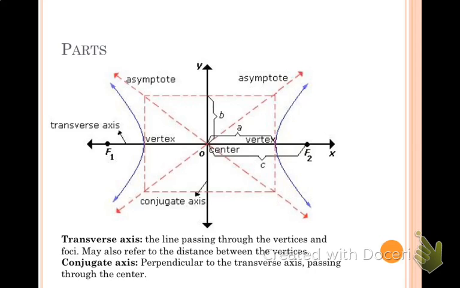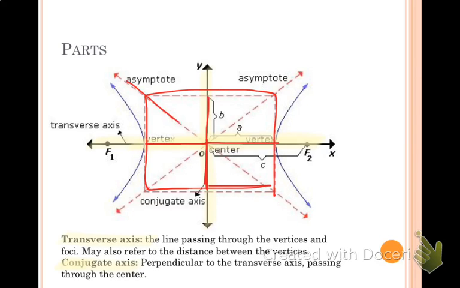So the added parts here that we are somewhat unfamiliar with: we have something called a transverse axis. We have a conjugate axis, and you can see those definitions down here. And we have asymptotes passing through this rectangle that was formed from going a to either side, b perpendicular from that, and we get this rectangle.